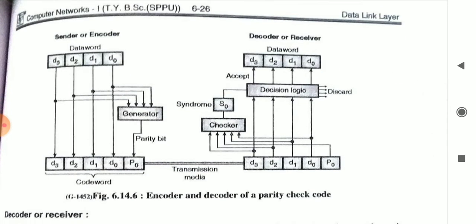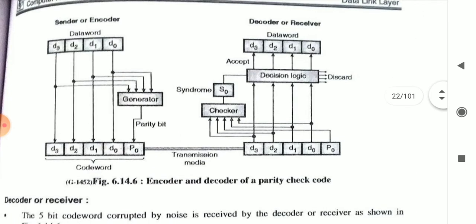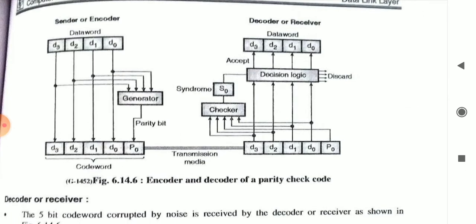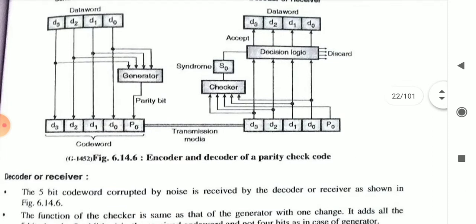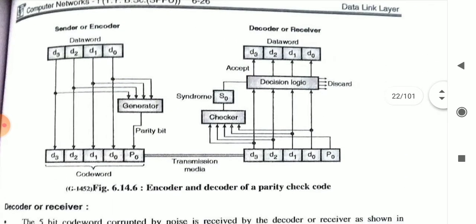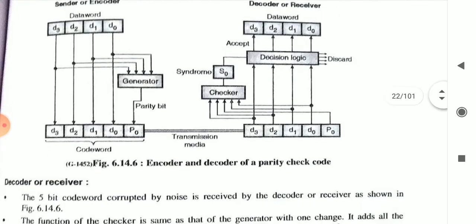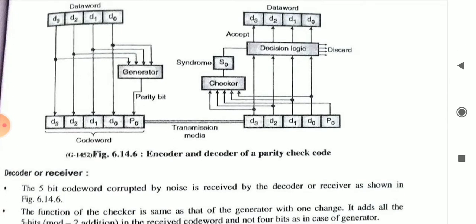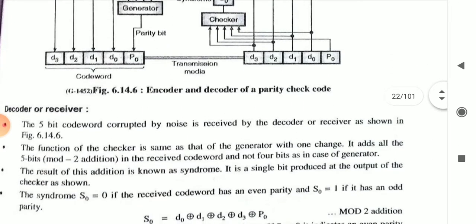These are the data words D3, D2, D1, D0. On the sender side, the encoder and generator are there, and on the receiver side, the decision logic and checker are there, with the transmission media between them.